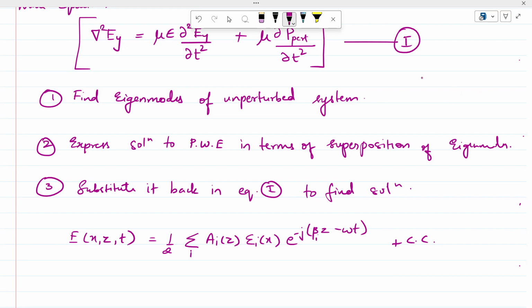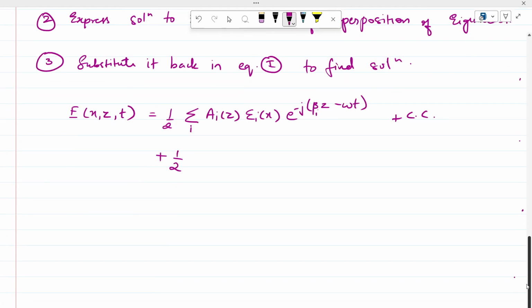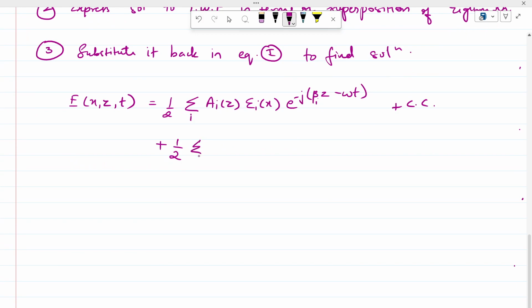But in general, in a waveguide, I can have modes that are propagating in the z direction and also modes that are backward propagating in the minus z direction. So I should also add, so that this is actually the most general solution, the modes that propagate in the reverse direction. Summation over ai of z. Just to differentiate these two amplitudes, I'll put a plus here and a minus here.